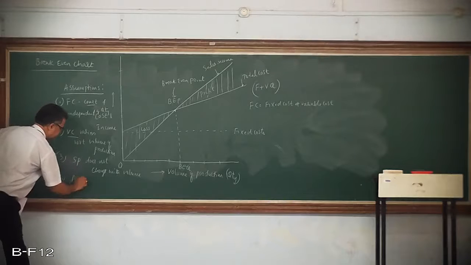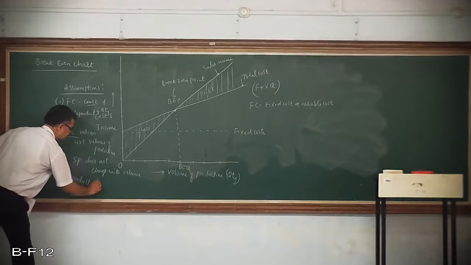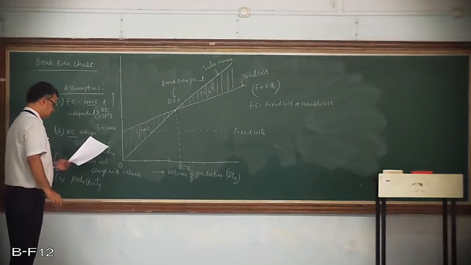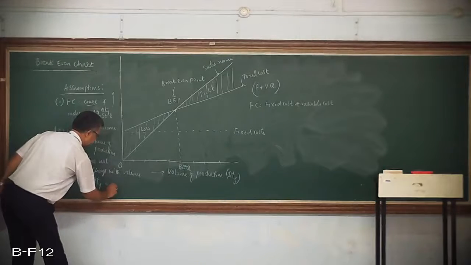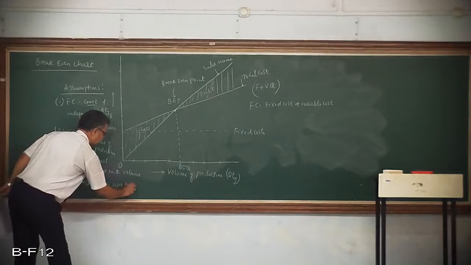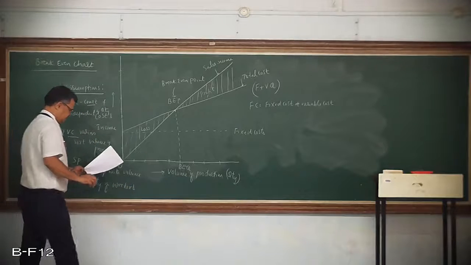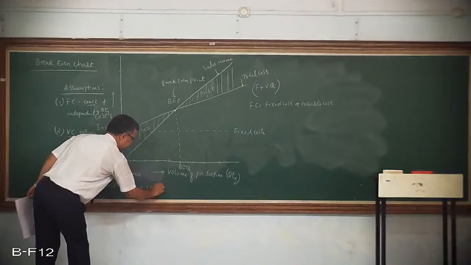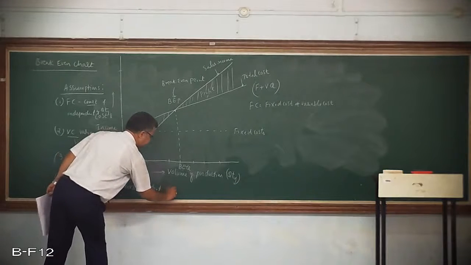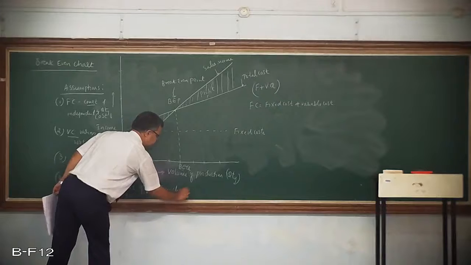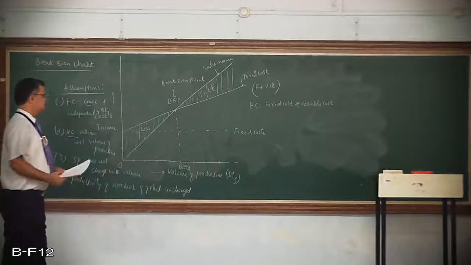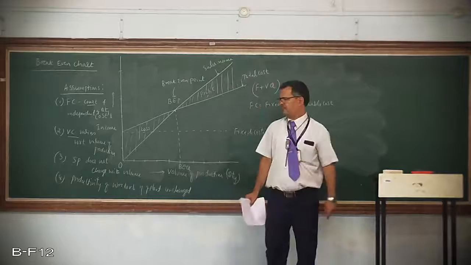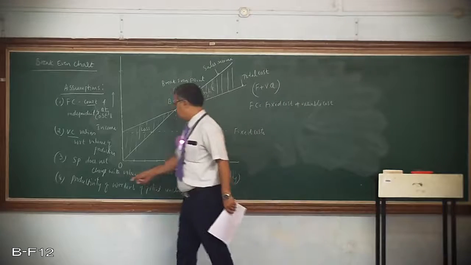Productivity remains unchanged. Productivity of worker and plant, efficiency of plant remains unchanged. Okay, so one more assumption made here to draw the break-even chart. That is the productivity of a worker.